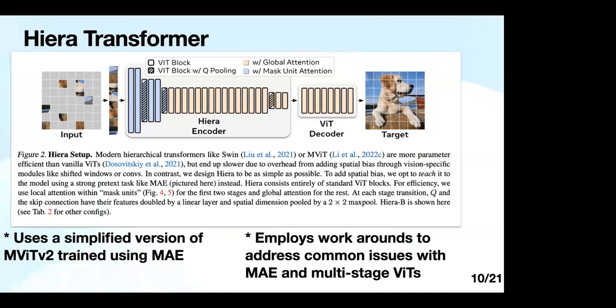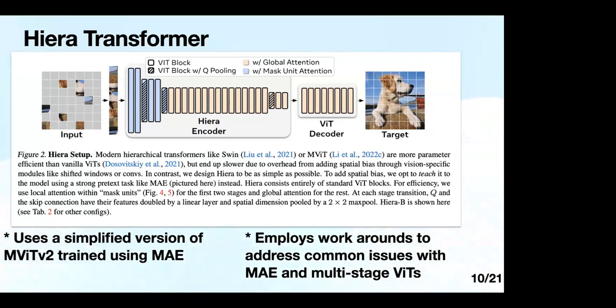Then to mask the tokens, you apply shuffle, you're shuffling the tokens, and you just take the first, for example, 25% of tokens, if you're masking 75%. And then you're passing this 25% of tokens to the encoder. But that's a standard masked autoencoder.